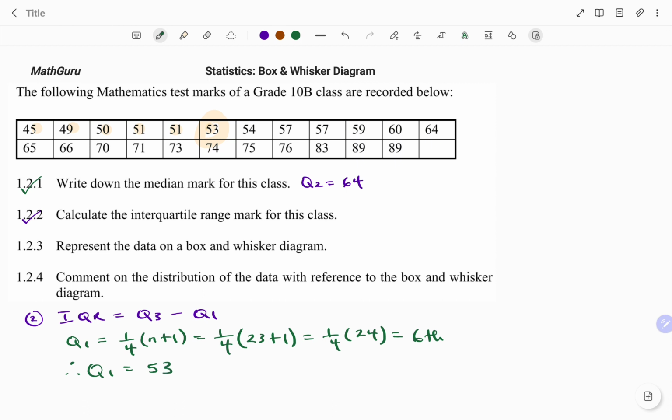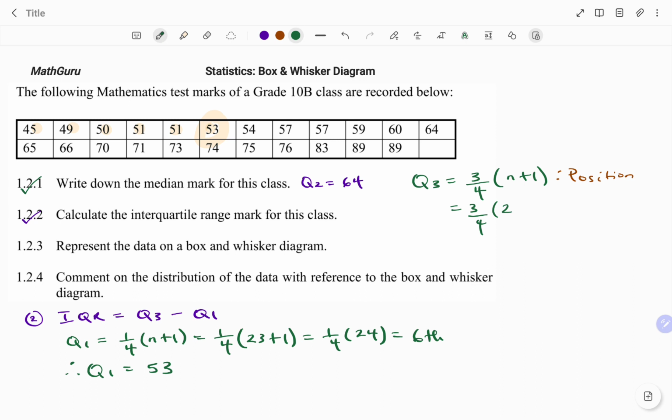To find Q2, I got that as 64, so I need to find Q3, not Q2. I did Q2 earlier, that's for the median. So to find Q3, because Q3 is my third quartile, the position will be 3 over 4 of n plus 1. Note that, like I mentioned earlier, this is not the value, but the position. So I need to find the mark in that position.